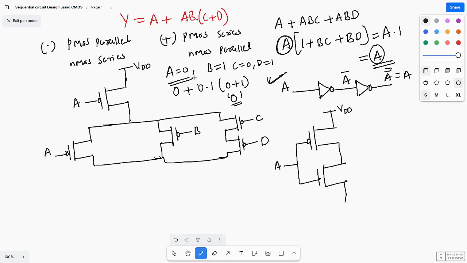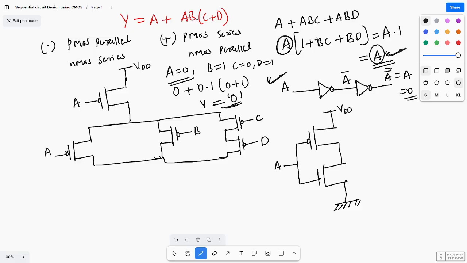A equal to 0 is satisfied. So simply we can design this as a buffer only.